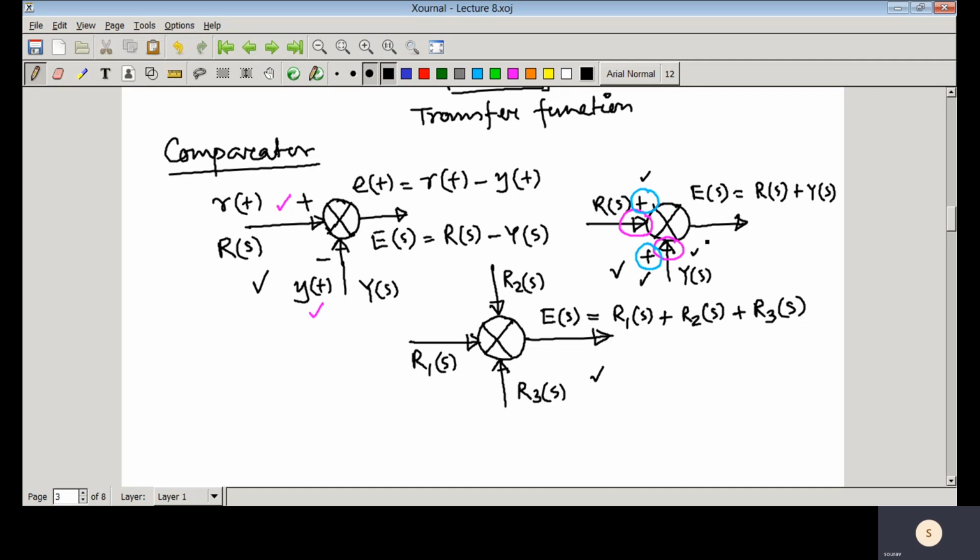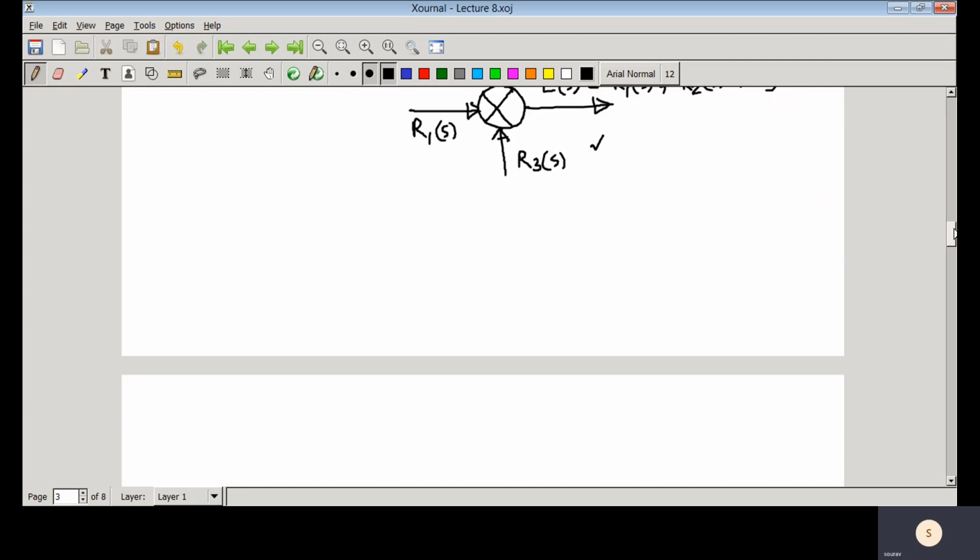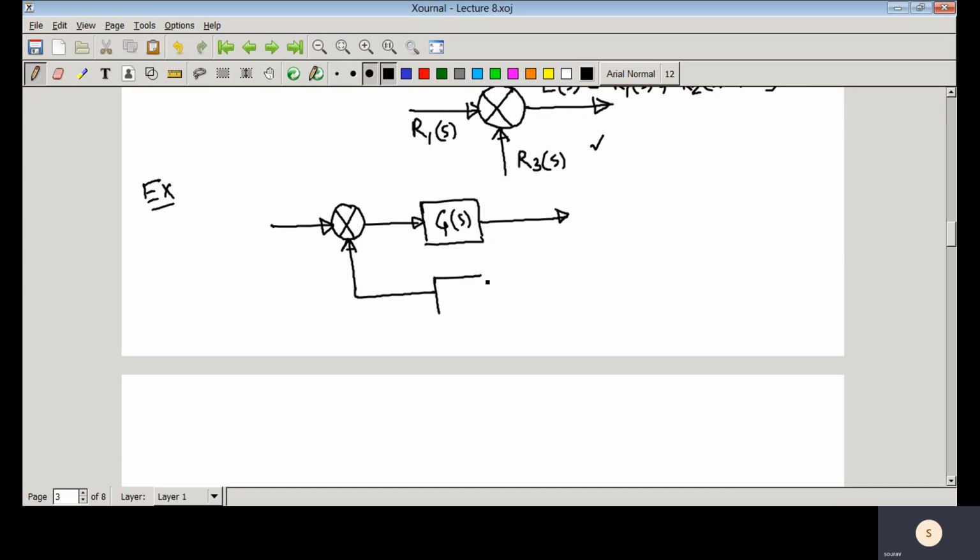Now we'll see some examples. If we take a simple closed loop control system, here you have the comparator, and suppose you have the plant here, and this is the plant transfer function G(s). Whenever you close the loop, this is the feedback path, and the feedback path transfer function is H(s).